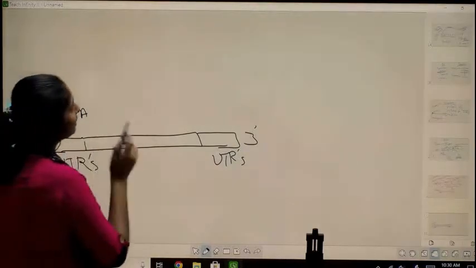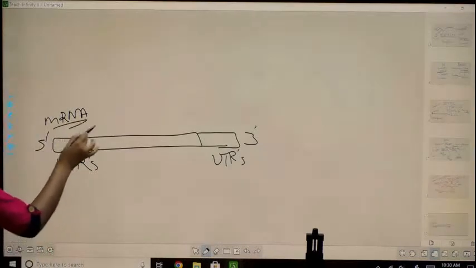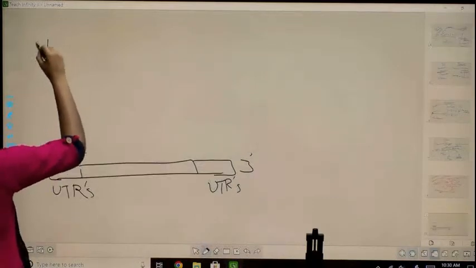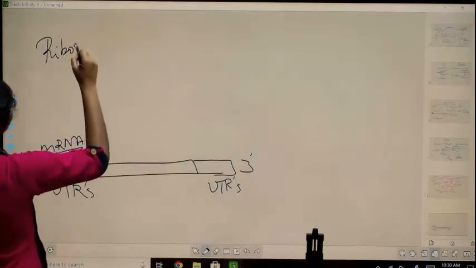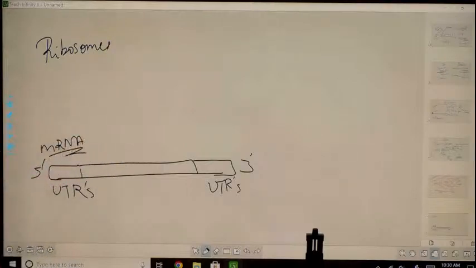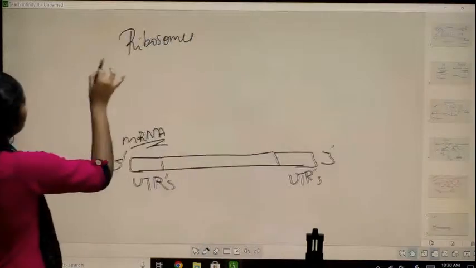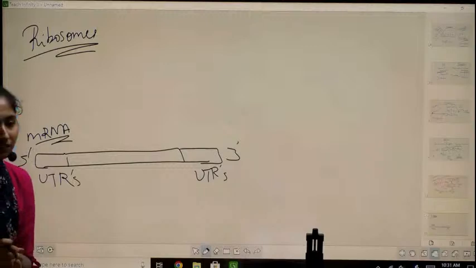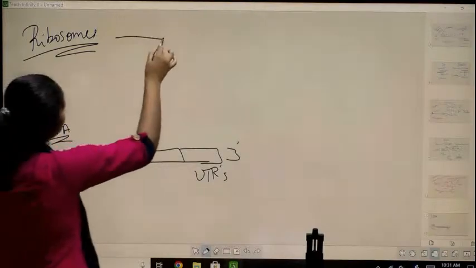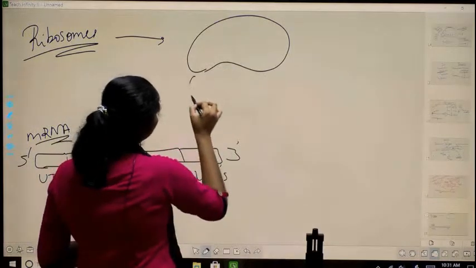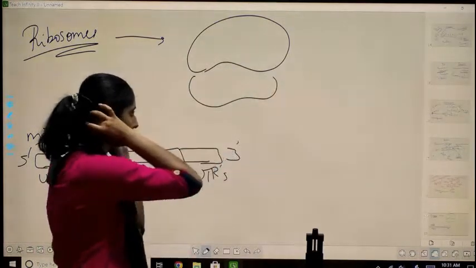So for translation, we require mRNA, we need tRNA that is going to act as the adapter molecule, and then we require ribosomes. Now ribosomes help in protein synthesis. They are protein manufacturing machinery, right? Ribosomes are made up of 2 subunits, a larger subunit and a smaller subunit.